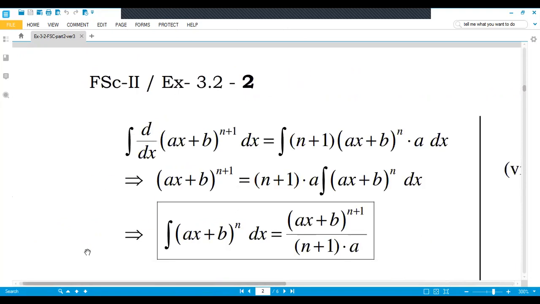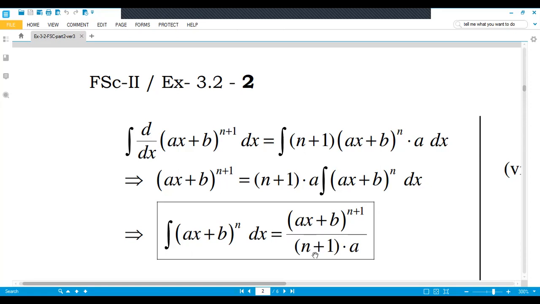When you take the integral, you know that (ax plus b) power n plus 1, you take the integral on both sides. So this dx will cancel with dx, and d cancels with the integral sign. n plus 1 is a coefficient, and a is also a coefficient, so it will come outside the integral sign. And to the power of ax plus b, 1 will be added, n plus 1, and n plus 1, same, divide here.